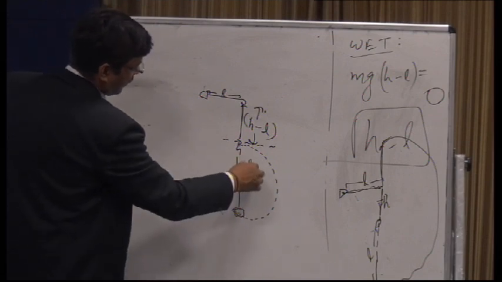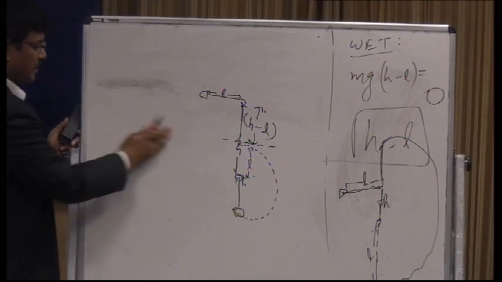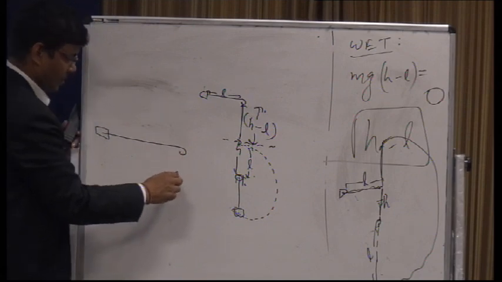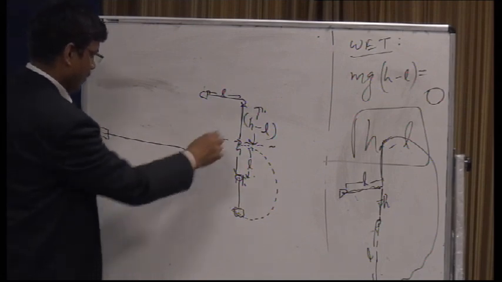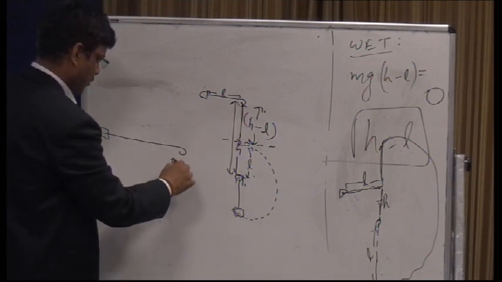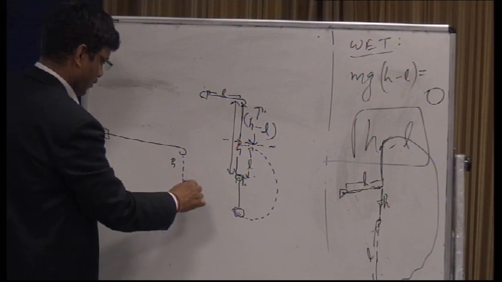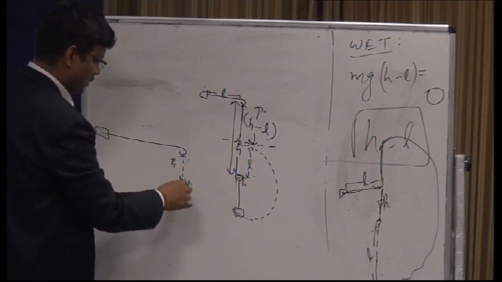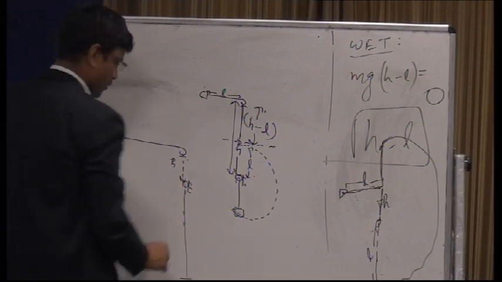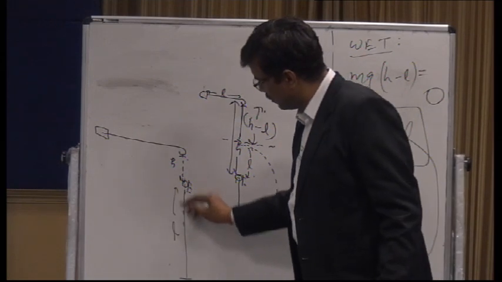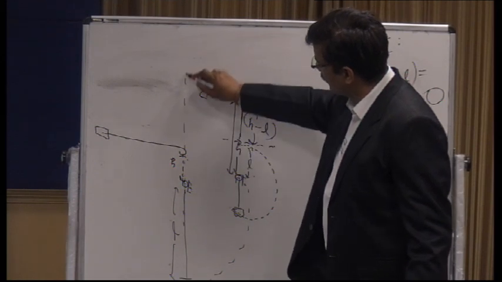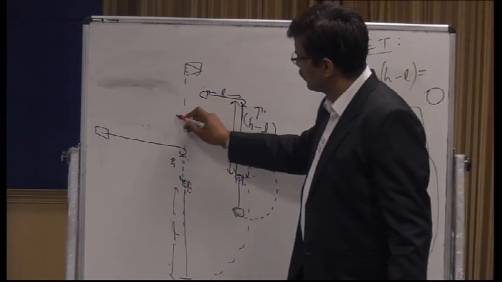Because this is L. And another way to understand this: it goes down here and then it comes back right here. So effectively how much?